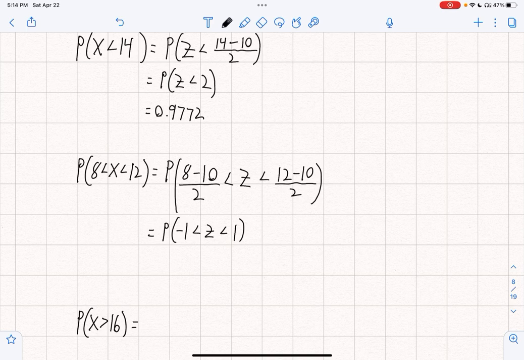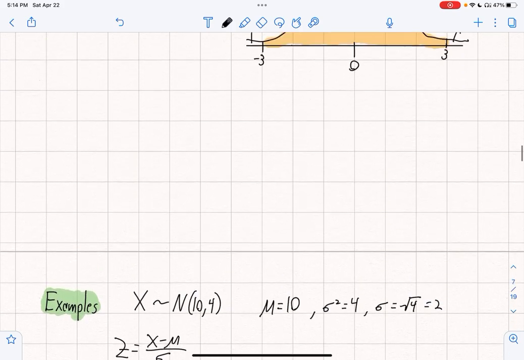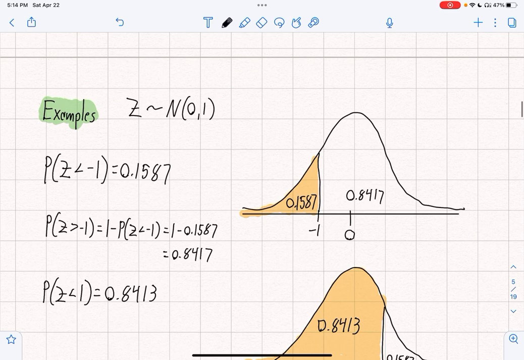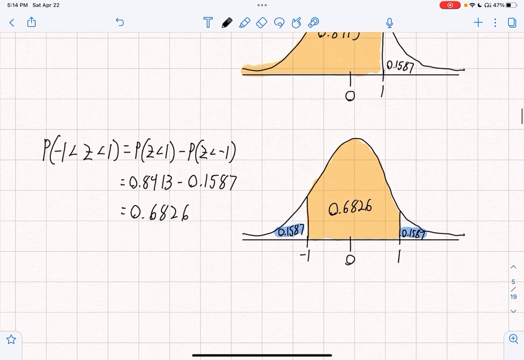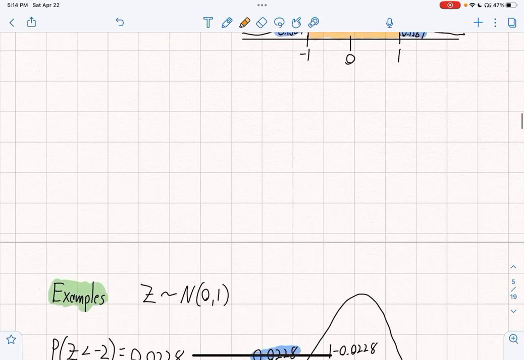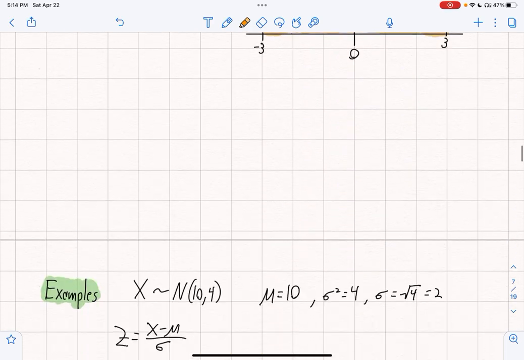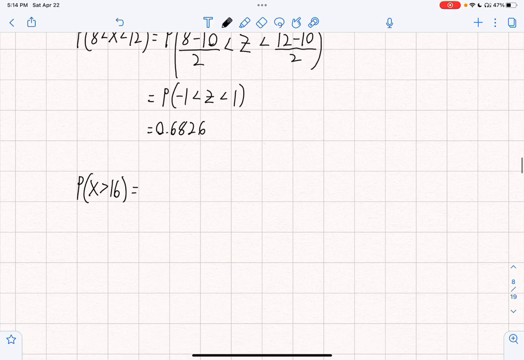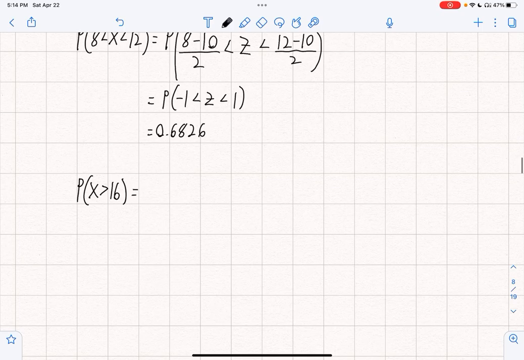But again, we already looked this up or calculated this. So let's go back up. So the probability that z is between negative 1 and 1, we did it right here, is 0.6826.